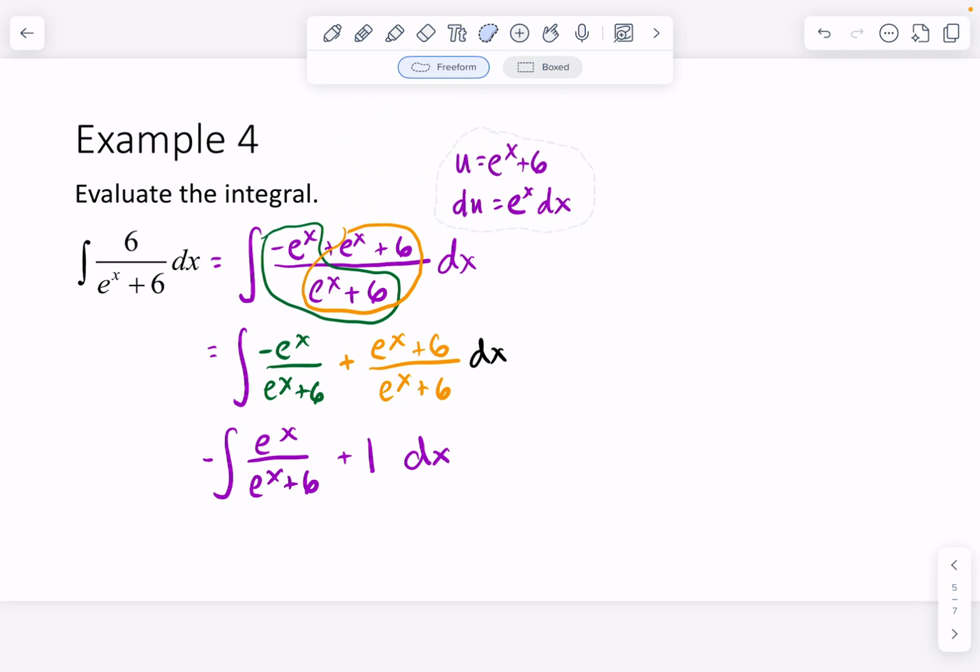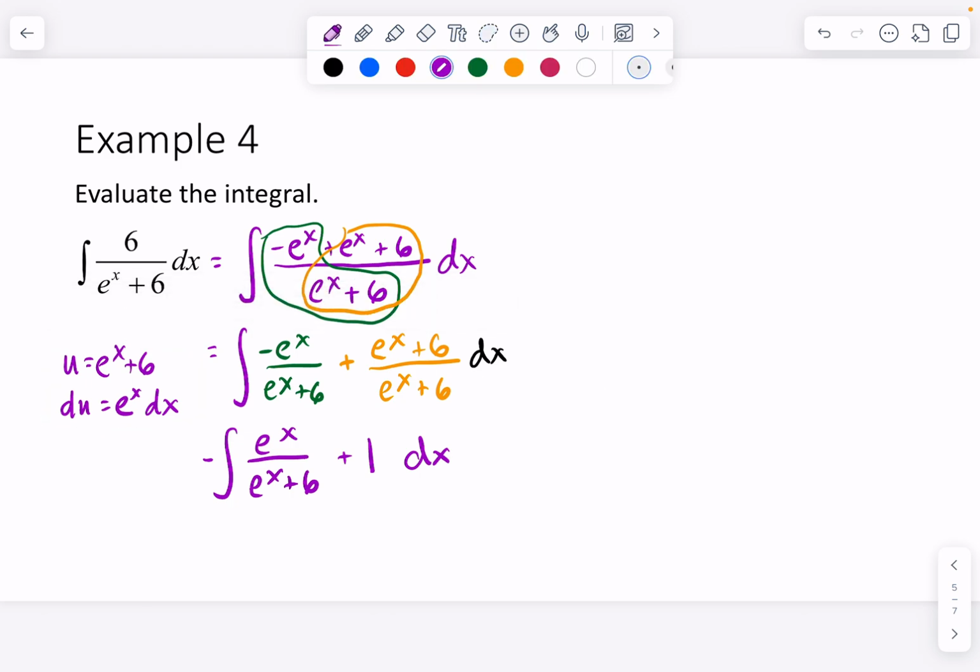So I have this here. I'm just going to move that over there. So I have my u as my denominator. Du is e to the x dx. So I have the negative integral of 1 over u du plus the integral of 1 dx.